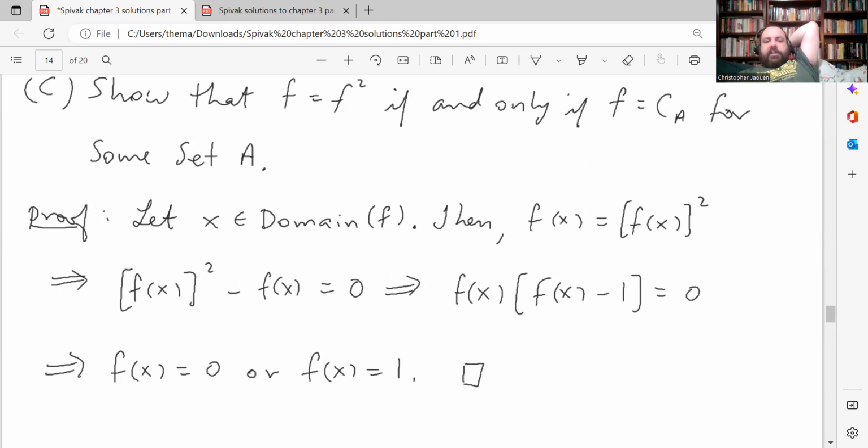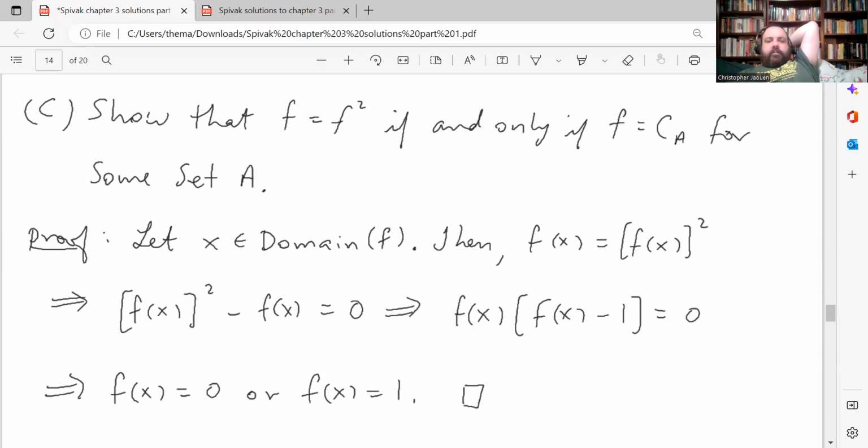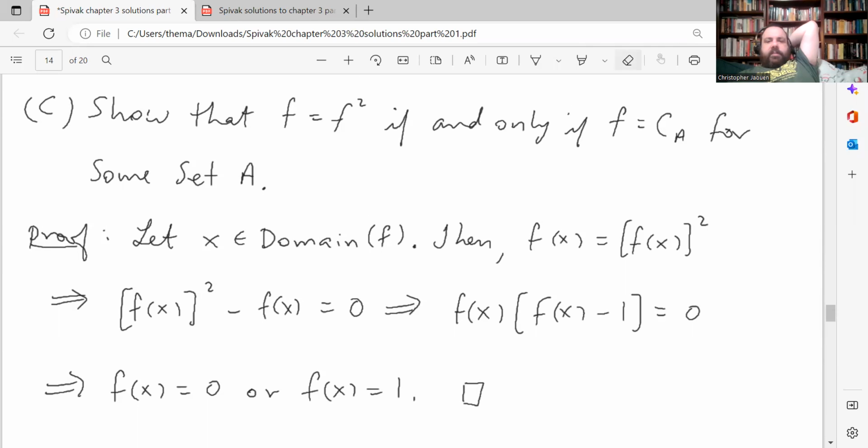Then f of x is f of x squared, by the definition here. Subtract f of x from both sides, and when you factor, you get f of x times f of x minus 1 equals 0. That means that either f of x is 0 or f of x is 1. So that means that f is an indicator for some set.